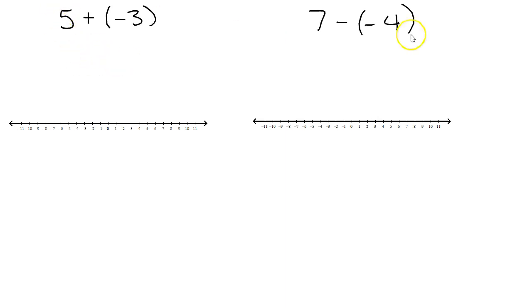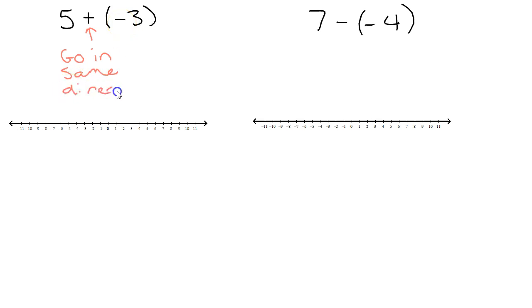So what does this situation mean in terms of the number line? Before, we said that plus meant go right and minus meant go left. We need to change this though. That changes when we have a positive right next to a negative. In this case, positive means go in the same direction as the negative would normally go in.